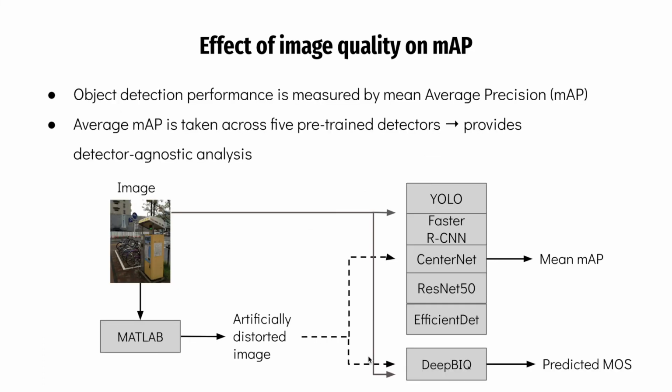Now that we have found a suitable IQA model, we will use DeepBIQ to study the effect of quality on object detection performance. The performance is measured by the mean average precision, known as MAP. 5 different object detectors were used to get the mean MAP of each image.